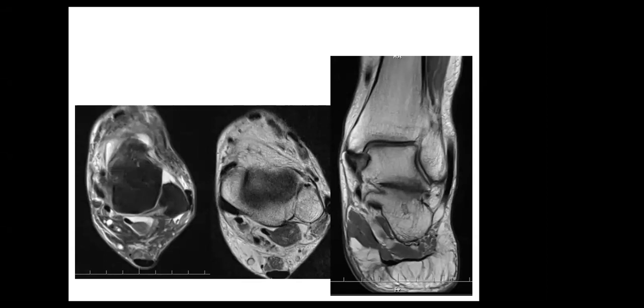A multisequence MRI of the ankle joint, axial and coronal. There is joint effusion with a fluid collection around the tendon, the Achilles tendon, I think.